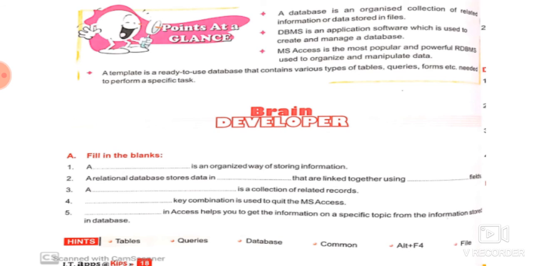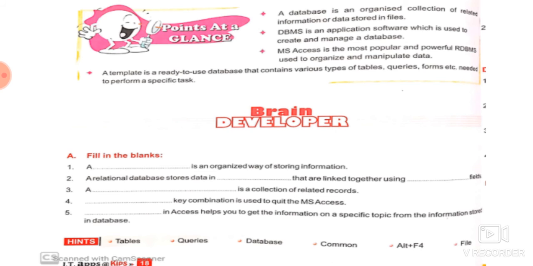If we have more than one table in our database, we can link the tables using common fields. Suppose in one table one field is ID, then in the second table you keep the same field ID, and then you can connect the two tables. Third, a file is a collection of related records.